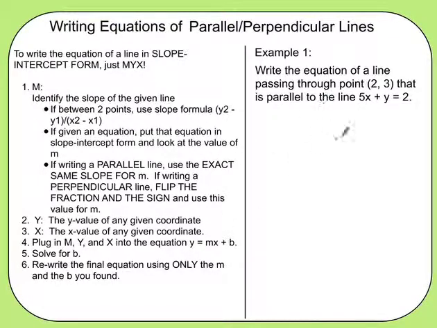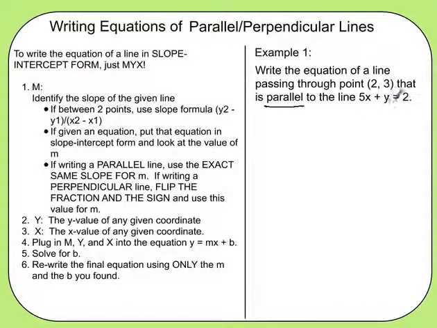Okay, so let's try this and write the equation of a line passing through 2, 3 that is parallel, and I'm going to underline parallel so I don't forget, to the line 5x plus y equals 2. The first thing I need to do is identify m. To do that, I have to find the slope of the given line.